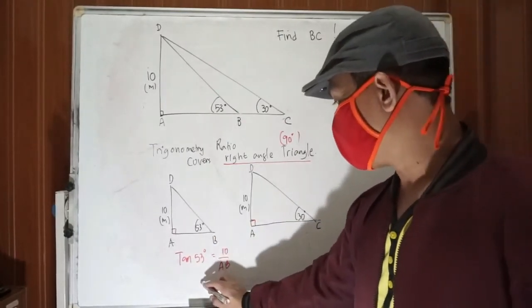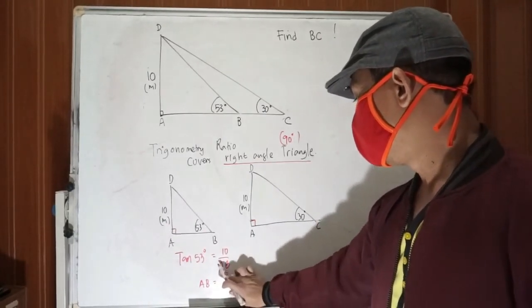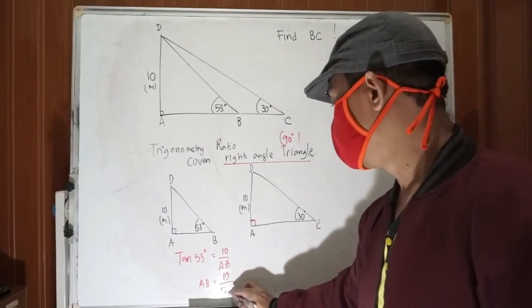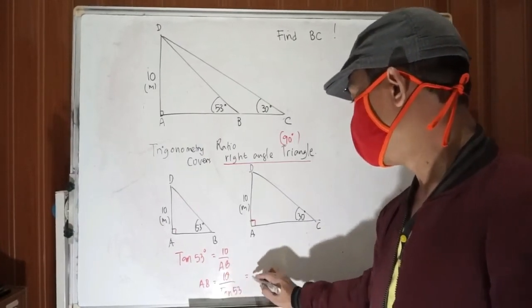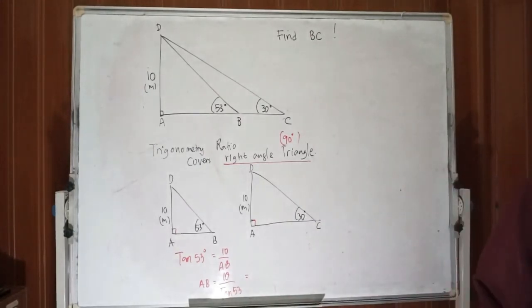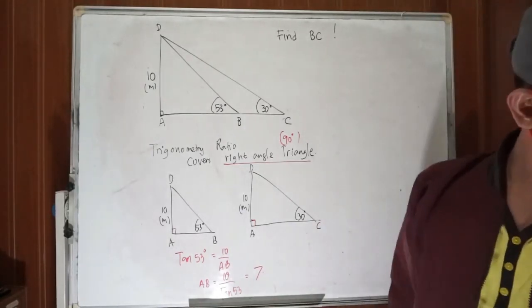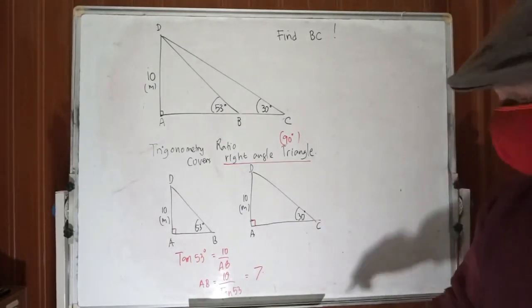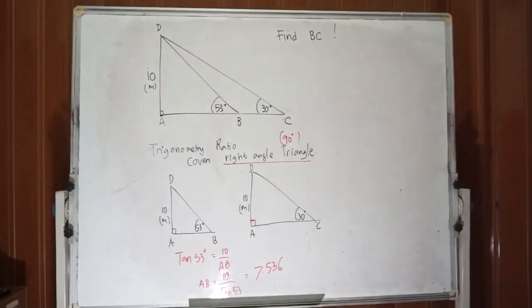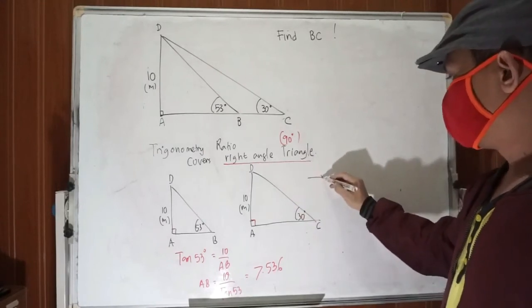By using the calculator, AB is 10 over tangent 53. Please use your calculator. You got 7.536.